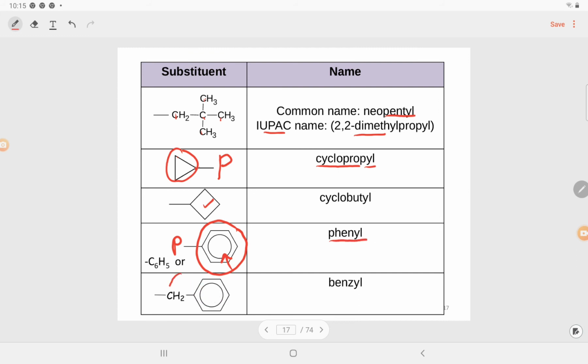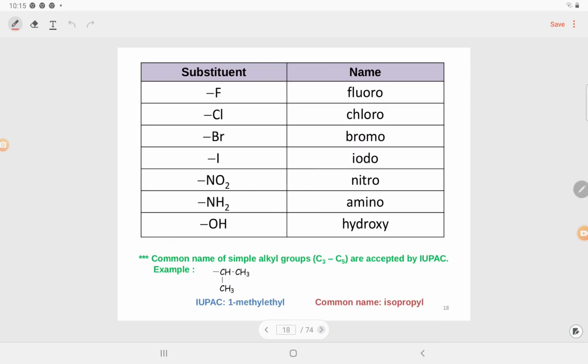And if we have a new CH2 attached to your aromatic ring, and the next carbon is attached to the parent, all the groups here we can classify as benzyl substituents. So remember, you must remember all the nomenclature of the substituent groups, especially all the common names.